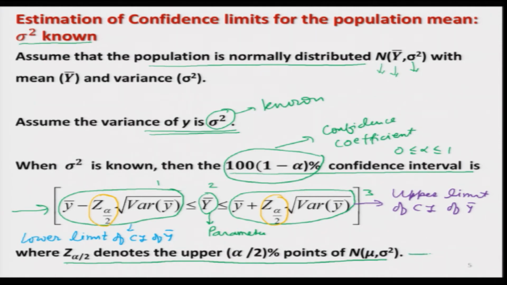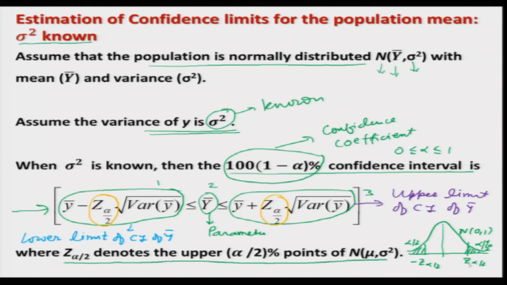If you know the probability density function of normal mu sigma square, it looks like this. Suppose this is normal 0 1, and suppose this is the alpha by 2% point on this side and alpha by 2% on this side, then this is z alpha by 2 and this is minus z alpha by 2. The value of z alpha by 2 can be obtained from the tables, which give the value of z for different values of alpha.